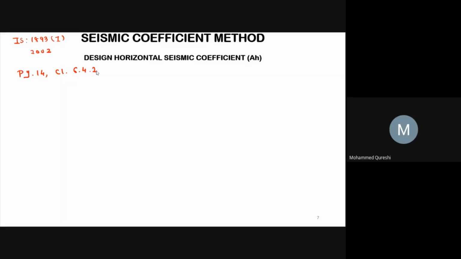Here you have the equation, that is AH equals Z by 2 into I by R into SA by G. From this equation you have to calculate the horizontal seismic coefficient AH.